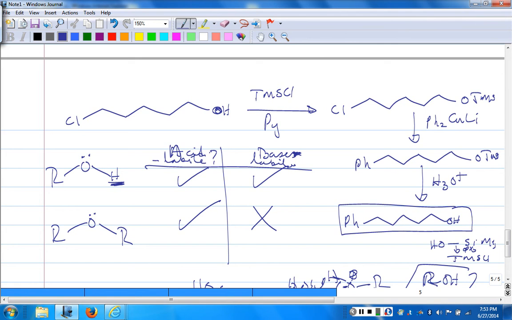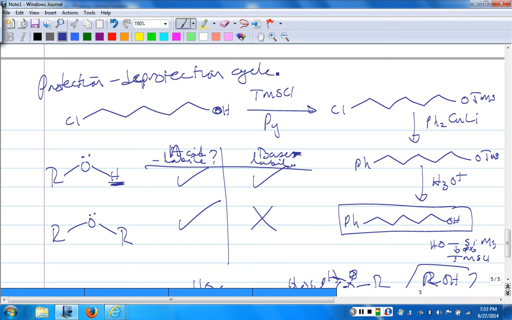This sequence in which we mask the OH group as the ether, carry out our chemistry under basic conditions, and then unmask the ether as the alcohol is called protection, deprotection. This is called a protection, deprotection cycle.